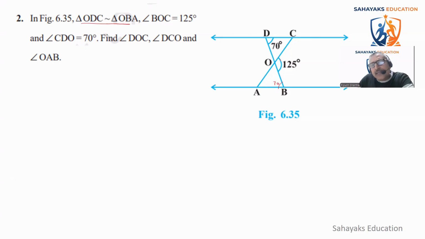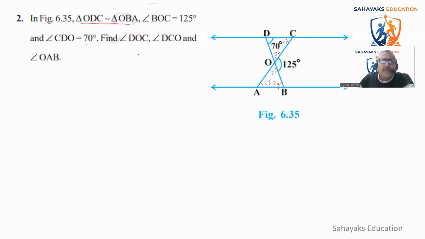If this is 125, the remaining angle is 55, because this is a straight line. So if this is 55 and this is 70, this angle comes out to be 70 plus 55, which is 125. If it is 125, then this angle is also 55. If this is 55, this angle is also 55.